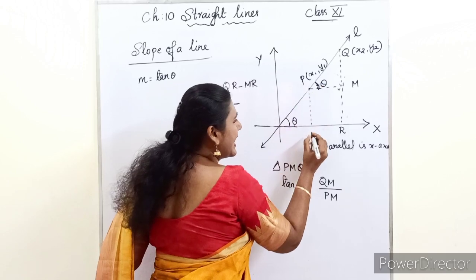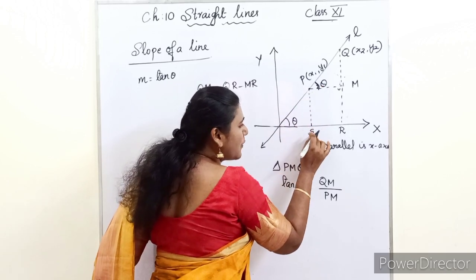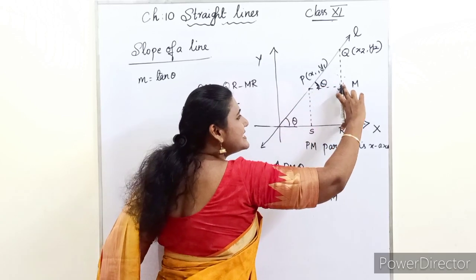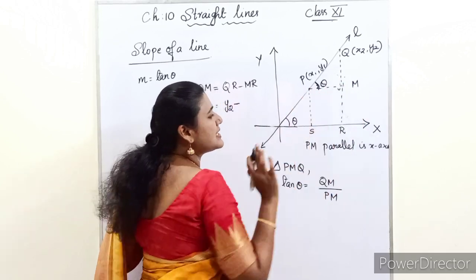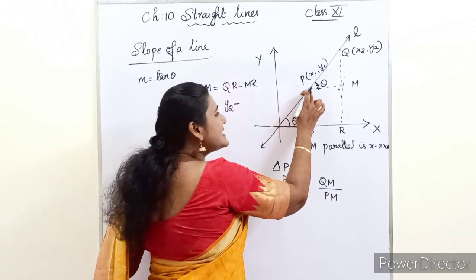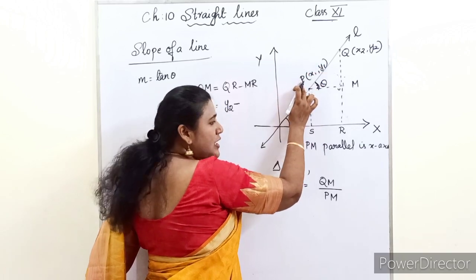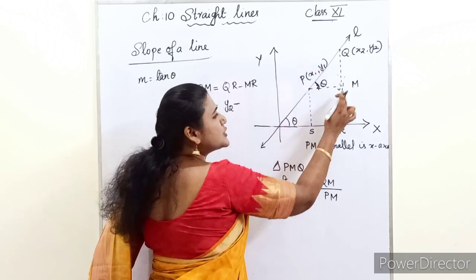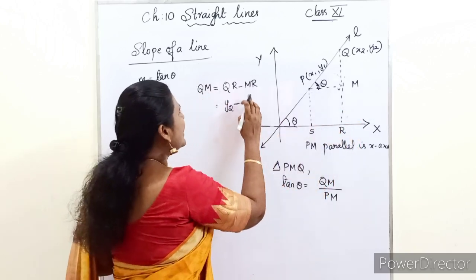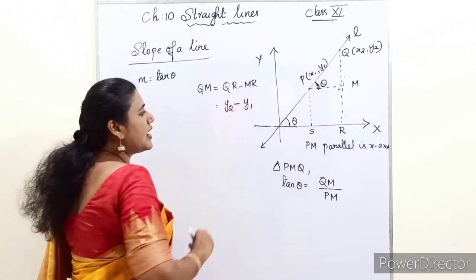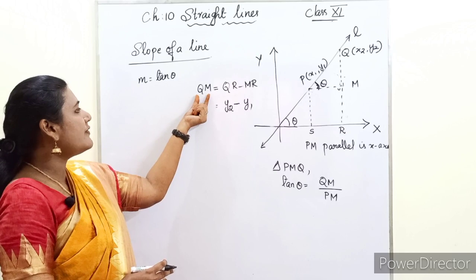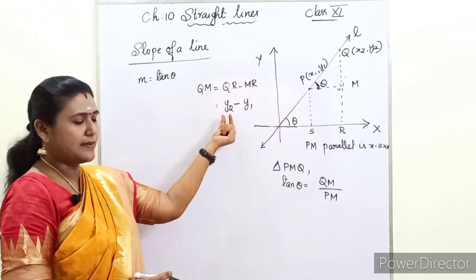Actually MR and PS, if we denote this point as S, then this distance MR and PS are same. And what is this PS? PS is the y coordinate of the point P. So PS will be y1, so MR is also y1. So in the place of MR we can write y1. So we got the value of QM.